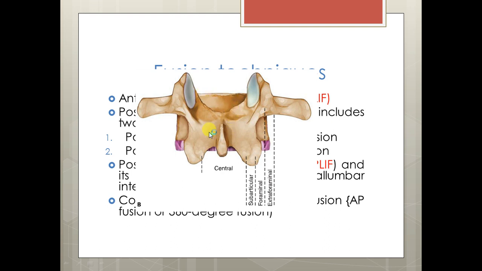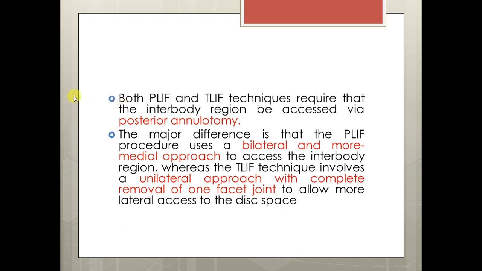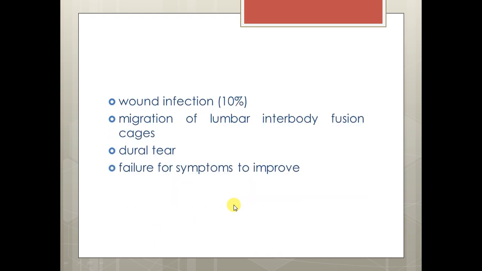So nowadays, the gold standard approach is TLIF procedure, either microscopic or traditional open. Again, you do discectomy through PLIF or TLIF, either a medial approach, which is PLIF, medially directed discectomy, or laterally through the foramen after removing the facet.